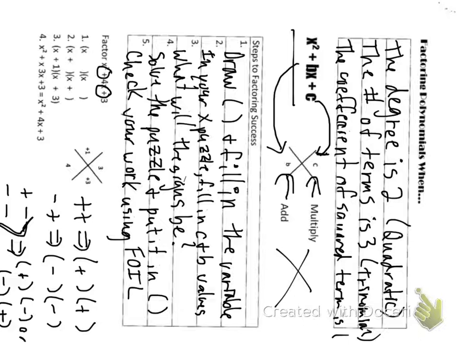So in this example, it starts off as plus plus, so I know my 2 signs are going to be plus plus. So I filled in my signs.